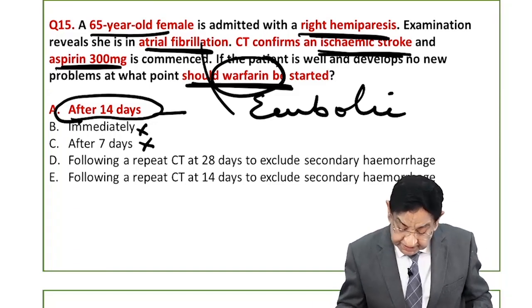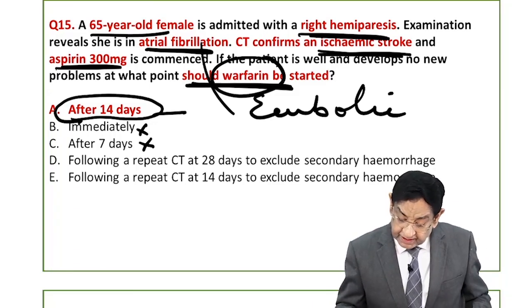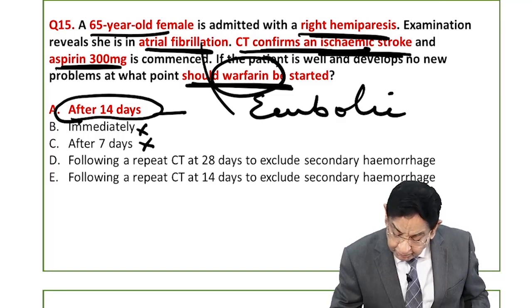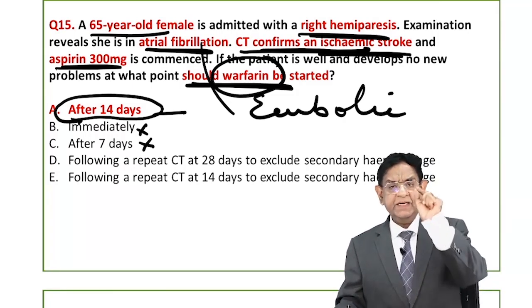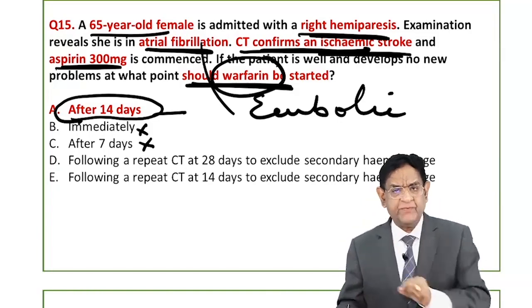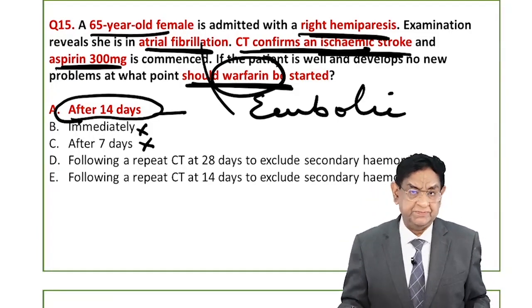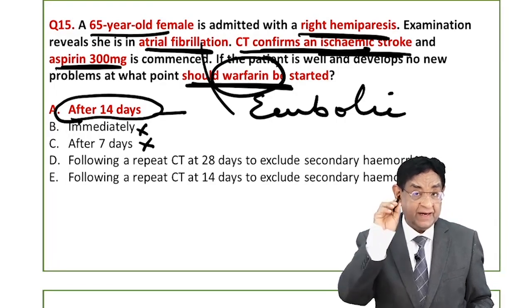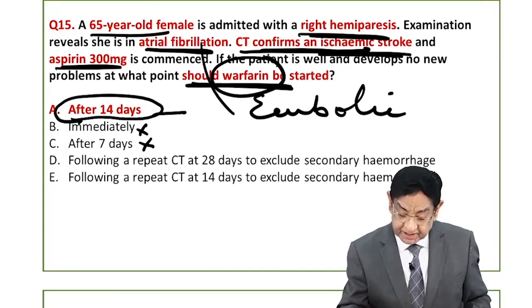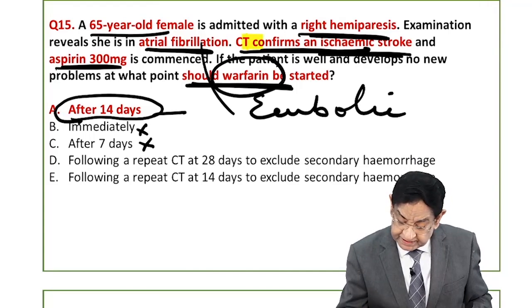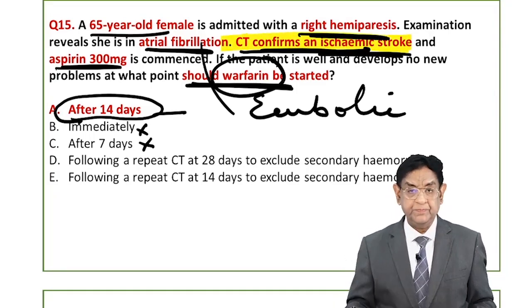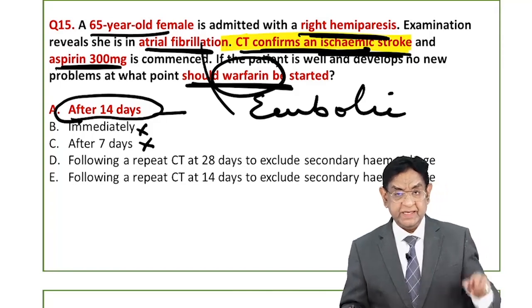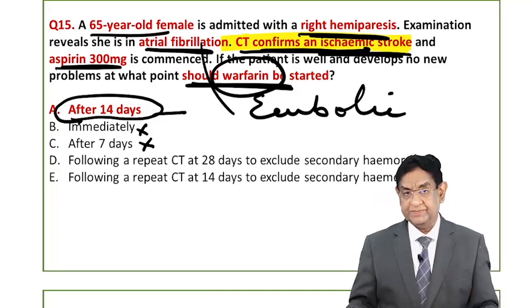Point to be noted, it is mandatory to confirm that it is ischemic stroke. Remember, here he writes very clearly, it has been confirmed. CT scan confirms ischemic stroke. Then only you will give.